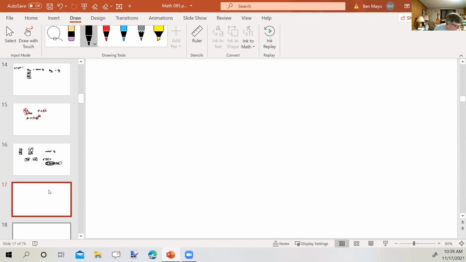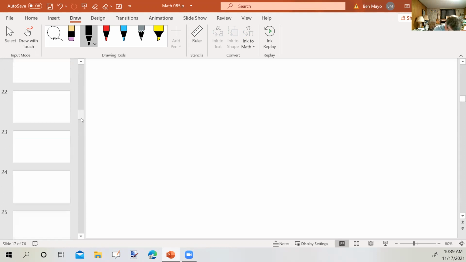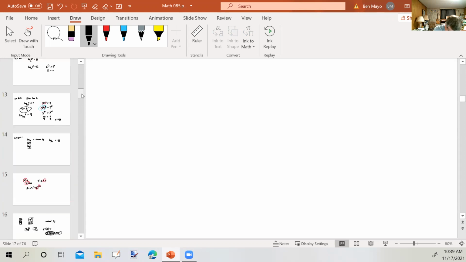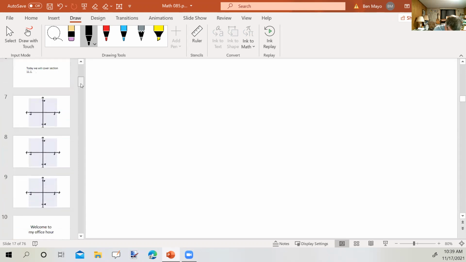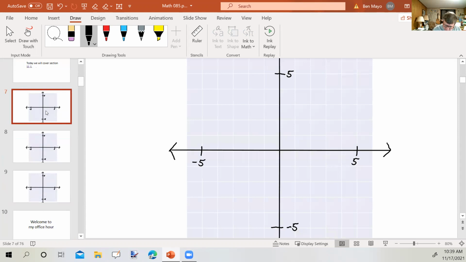Now, we're going to look at a graph of f of x equals e to the x power. Okay. So f of x equals e to the x power.